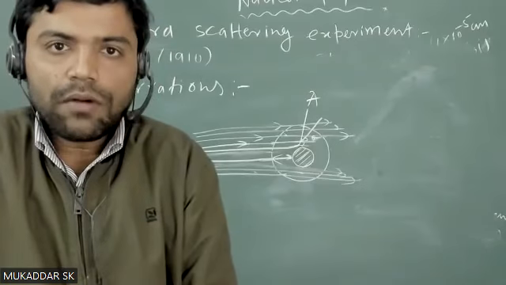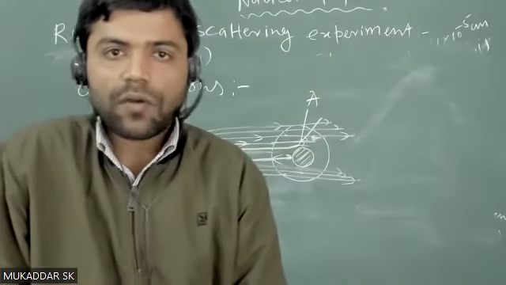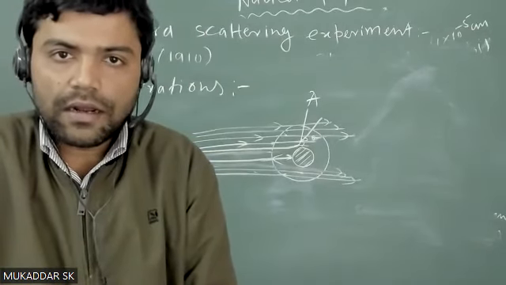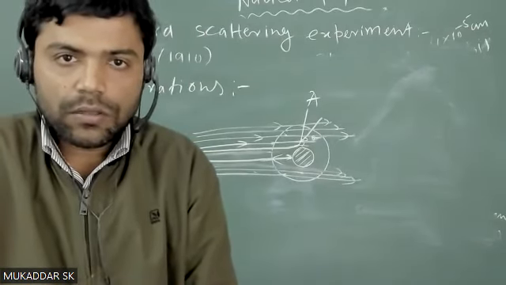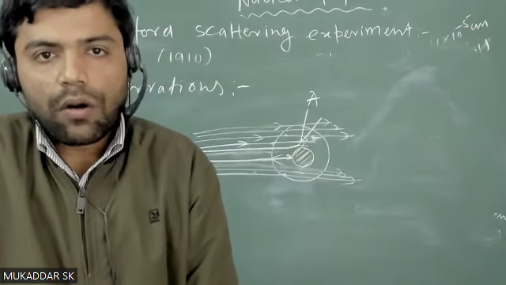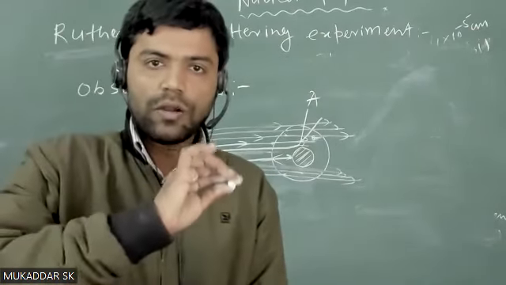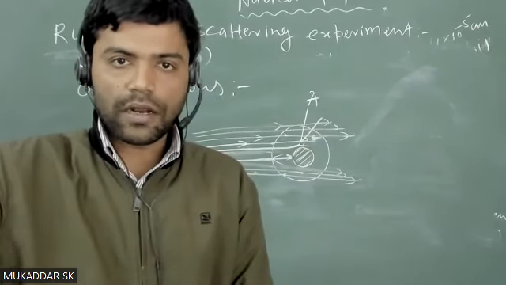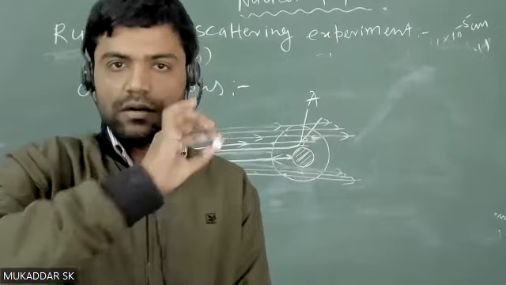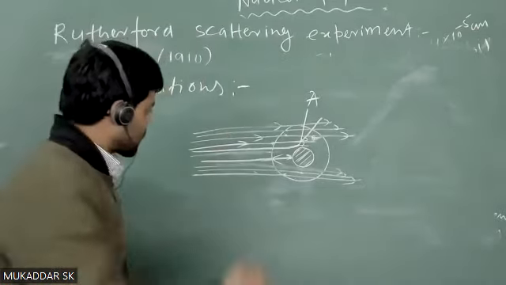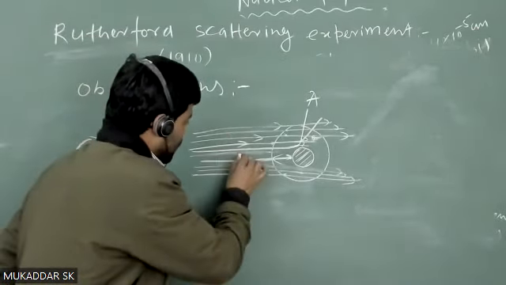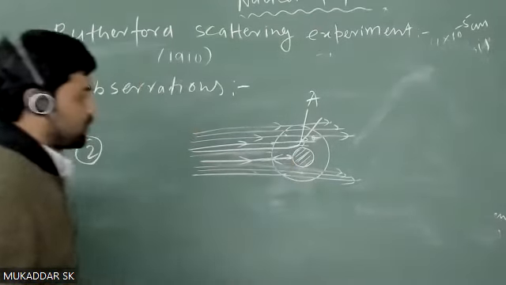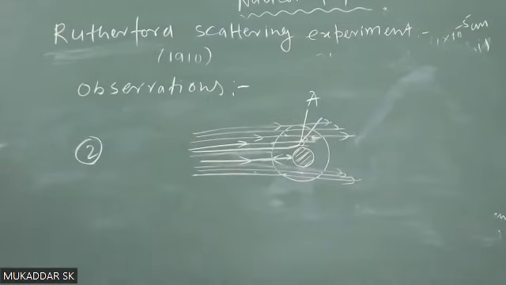Second, only few alpha particles scattered at small angle. Third, only very few alpha particles scattered at large angle. And fourth, suppose you have sent 20,000 alpha particles, out of 20,000 only one alpha particle is backscattered. Backscattered means the incident alpha particle direction is this, and after scattering, it is coming in the opposite direction. That's why it is called backscatter.